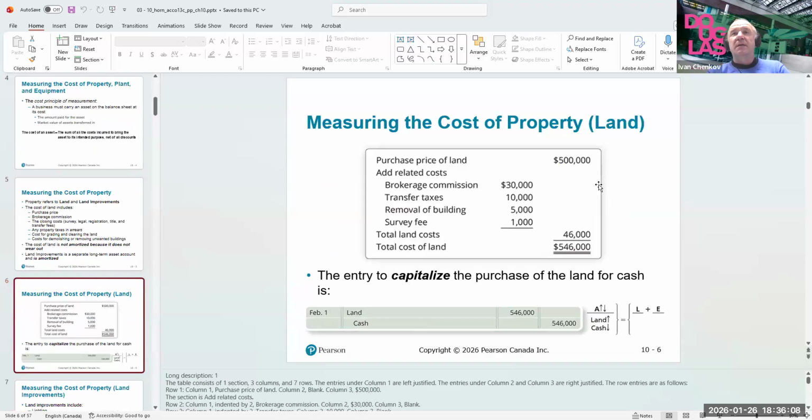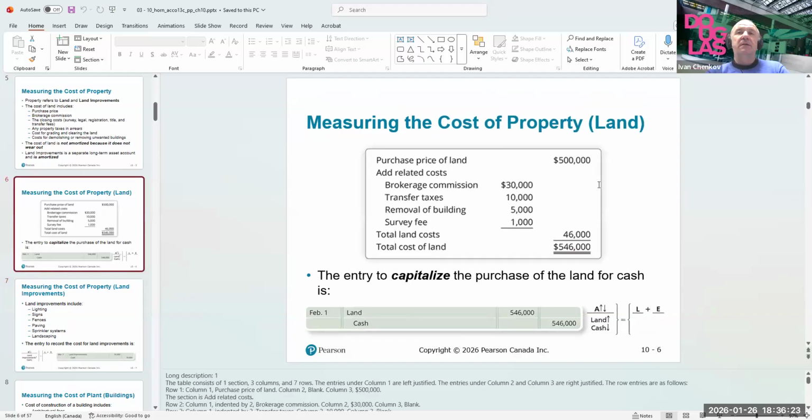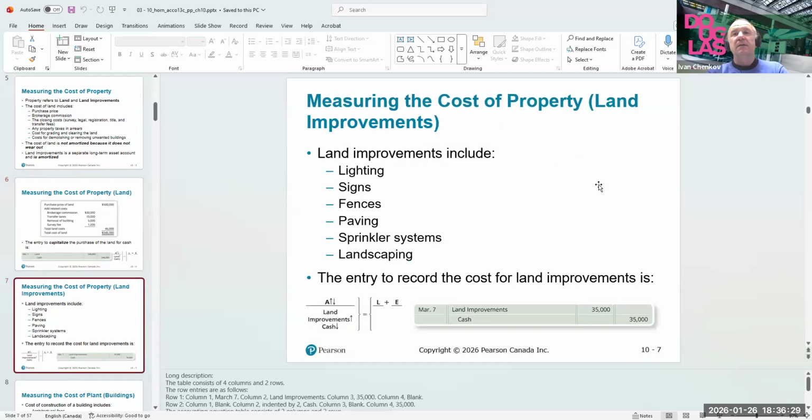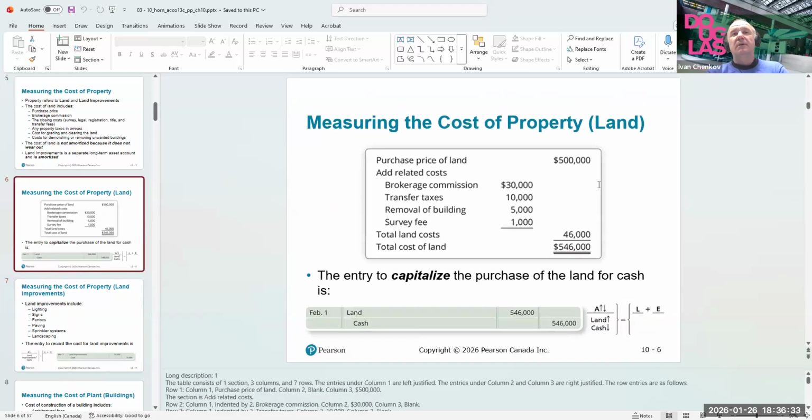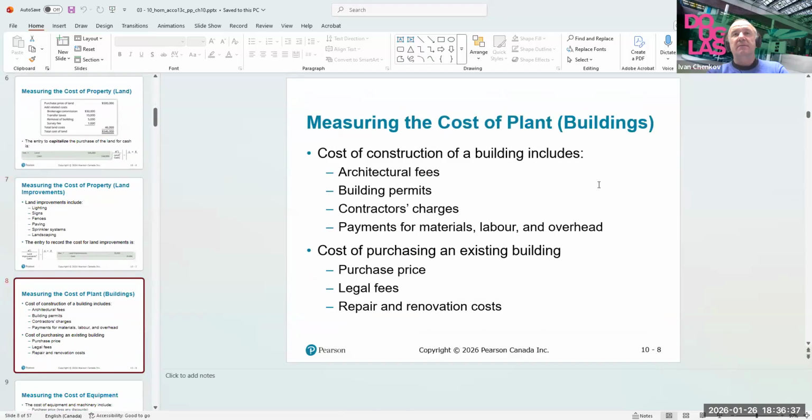Land improvement, on the other hand, is something different, including lighting, signs, fences, paving, sprinkler system, landscaping. Those are amortizable. In both cases, we're going to debit the long-term asset account, land or land improvements, and credit either cash or accounts payable if we haven't paid yet.